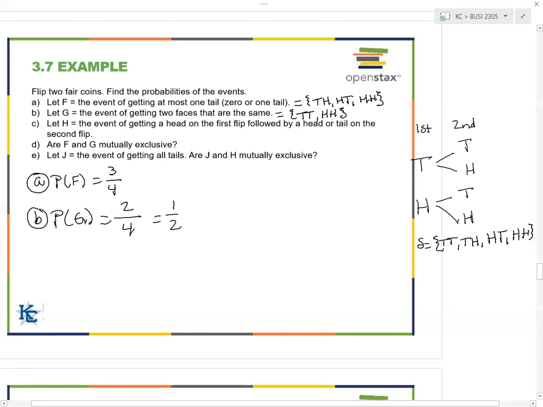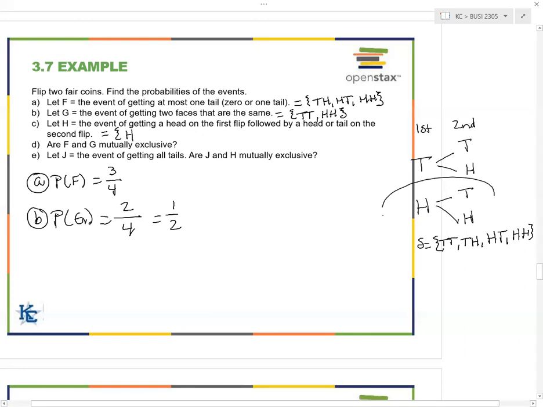C, let H be the event of getting a head on the first flip, followed by a head or tail on the second flip. Okay, so for H, the event of getting a head on the first. So that's head.